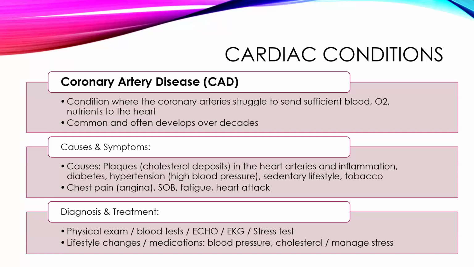So having this plaque buildup or inflammation can be very detrimental to someone. Usually lifestyle changes are encouraged. It can also be treated with medications, such as medications that are helping with blood pressure or cholesterol. Those can help manage this disease.